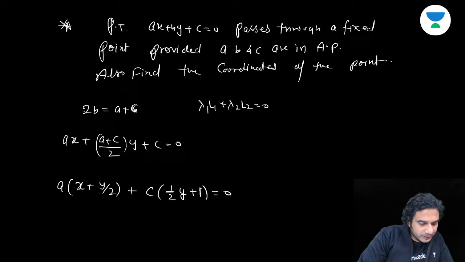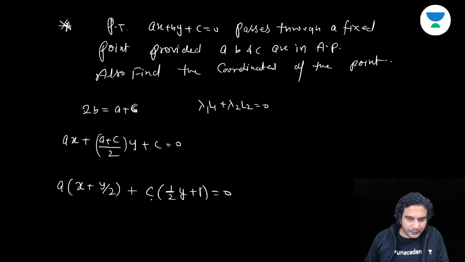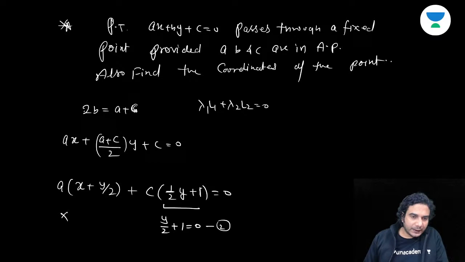You are getting both points positive, 1 comma 2. One of the points will be negative actually. From this, if you put 0, then y upon 2 plus 1 is equal to 0. This is the second line, and this is the first line, 2x plus y is equal to 0 basically, right? So from this you'll get y is equal to minus 2.